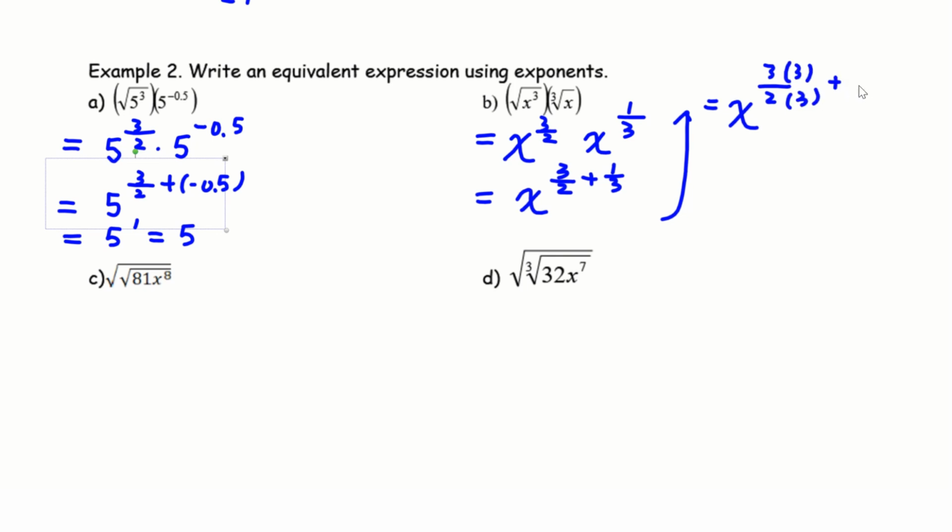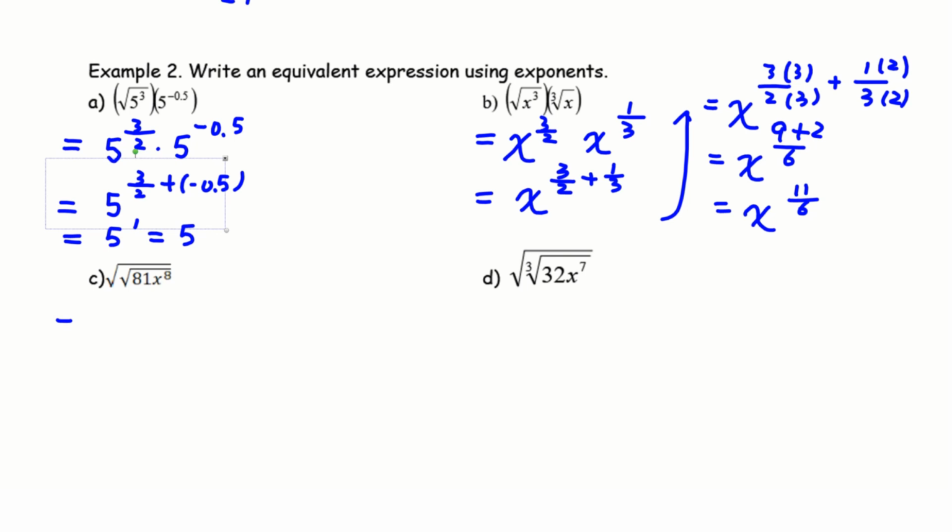Then another fraction we times 2 to both numerator and denominator to change the denominator to common denominator 6. Then after that we add the numerators together, so 9 plus 2. Then we have x to the exponent 11 over 6.